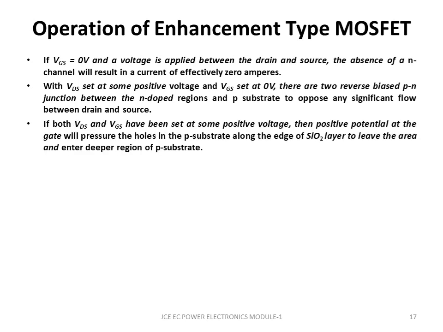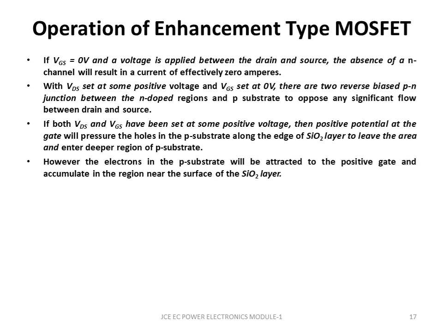If both VDS and VGS are set at some positive voltage, then the positive potential at the gate will pressure the holes in the P substrate along the edge of the silicon dioxide layer to leave the area and enter a deeper region of the P substrate. That means the holes near the gate will be pushed towards the P substrate because positive charges don't attract.